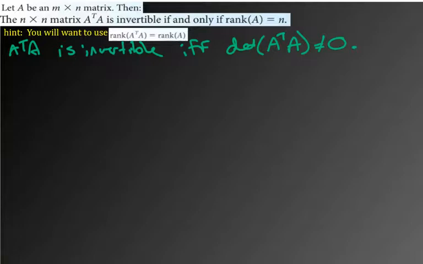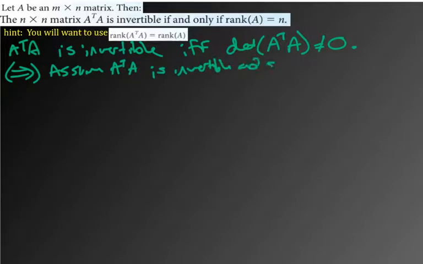And so we can use that, all right? So the forward direction, we're going to assume A transpose A is invertible and show the rank of A transpose A, i.e. rank of A, equals n, okay?